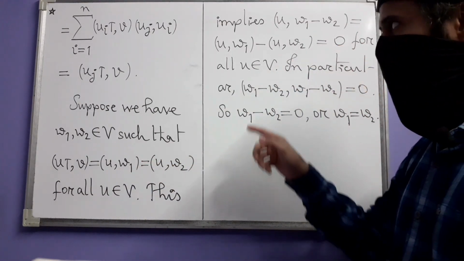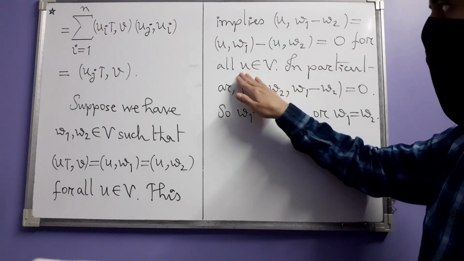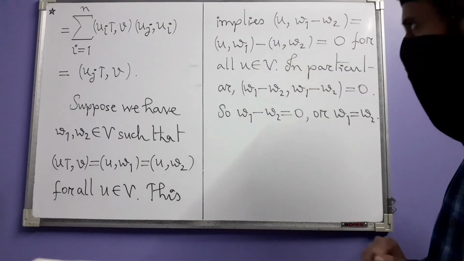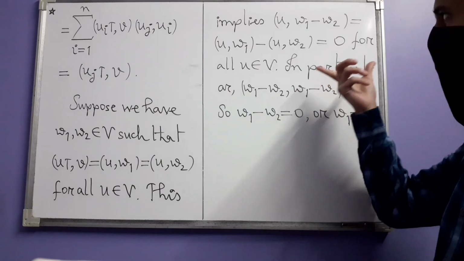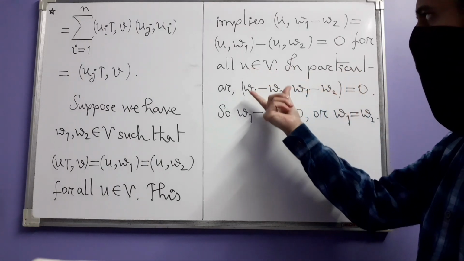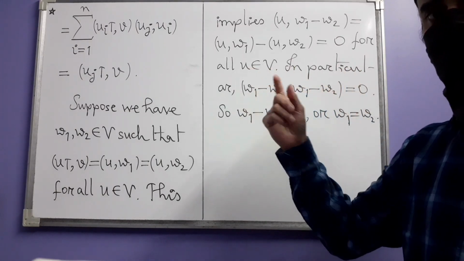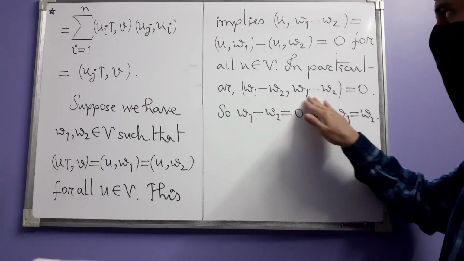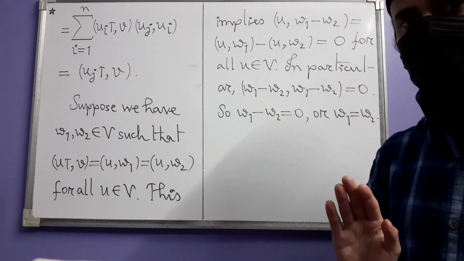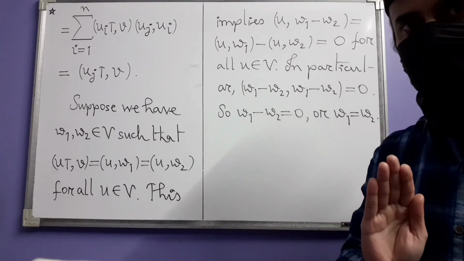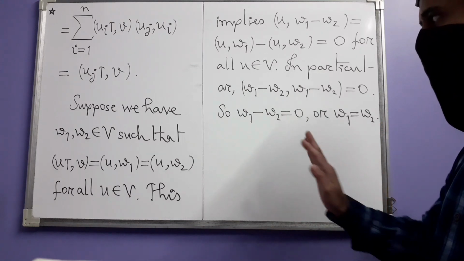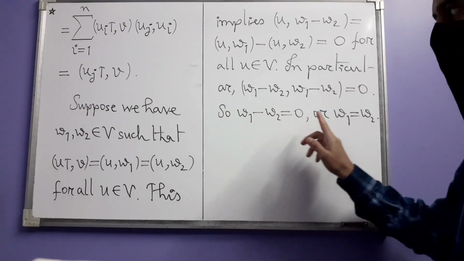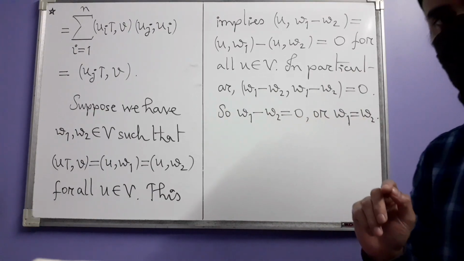And do not forget that this is still true for all u belonging to v, because u is still there here. So that is why in particular, in place of u, we can also consider the vector w1 minus w2 itself and get the fact that the vector is orthogonal to itself. Its inner product with itself is 0. However, we know that that only happens for the 0 vector. So this must be the 0 vector, and that's how we get w1 equal to w2.